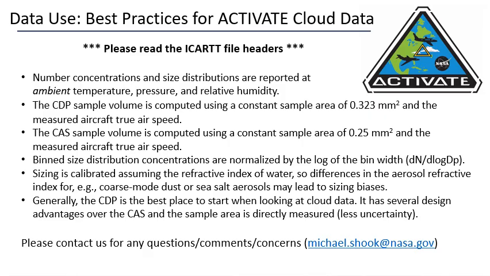And so unlike the CDP, because of the shroud, the CAS cannot be calibrated, and so that 0.25 is assumed, and that constitutes a source of uncertainty in this measurement. Bin size distribution concentrations are normalized by the log, that's the base 10 log of the bin width, dN/dlogDp.